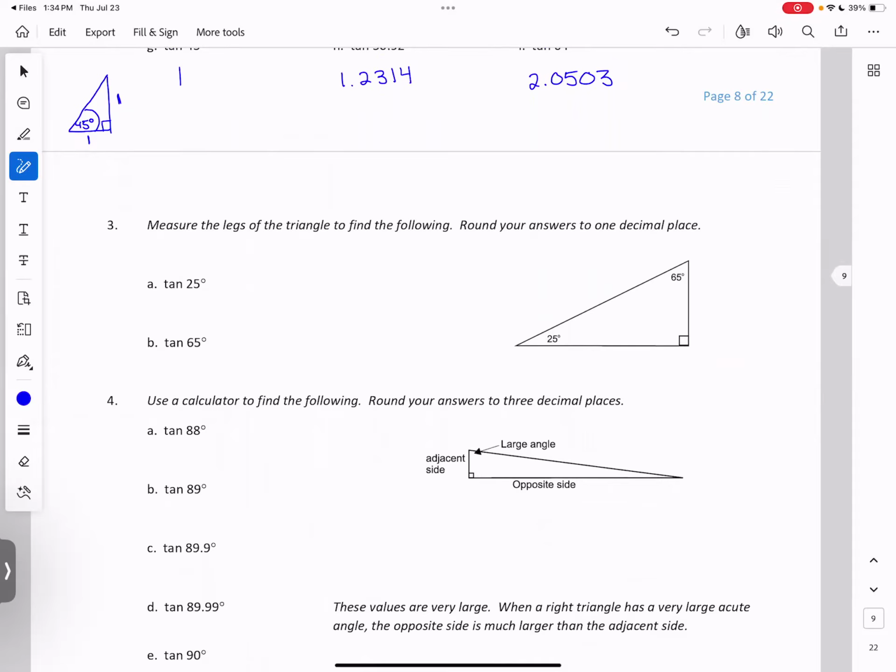Okay, this says to measure the legs of the triangle to find the following. Now I'm going to do this on my tablet, so hopefully it's similar to your printed copy. And then I would say what we should do is let's use our calculators after and compare the answers.